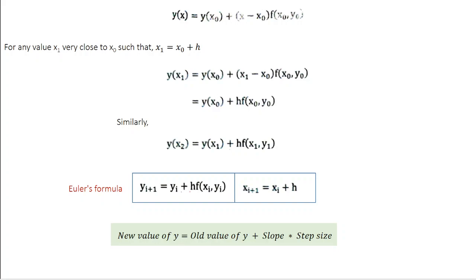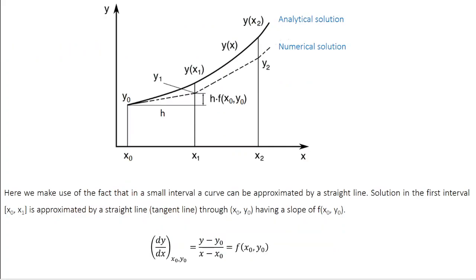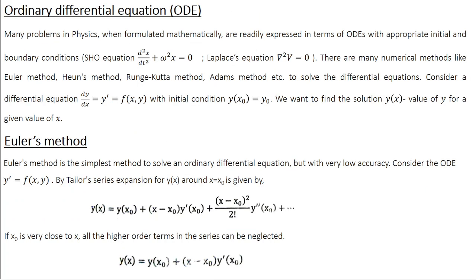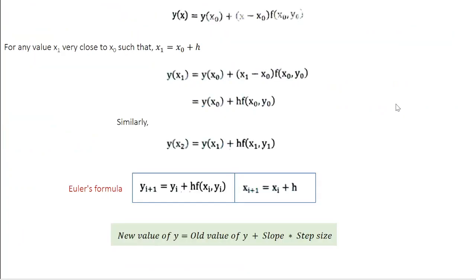And physically, what's happening? Let's analyze this using a function. So you are given a differential equation dy by dx equal to f of x y, and when you solve it, what do you get? You get y as a function of x, right? So this is what I have plotted here.